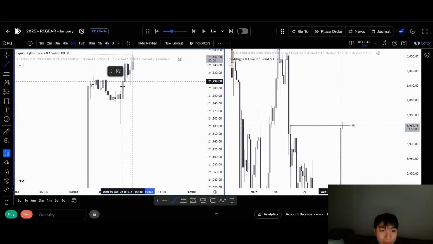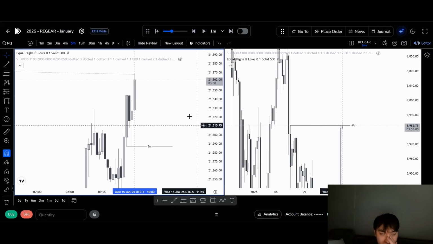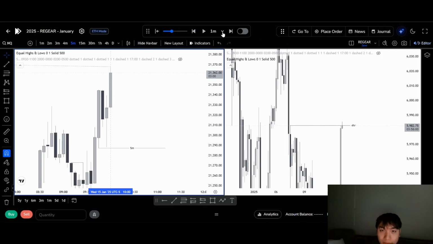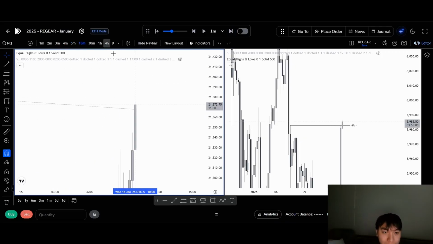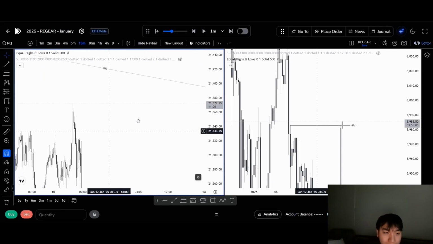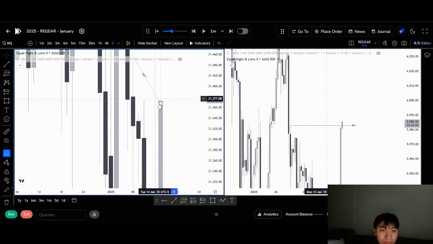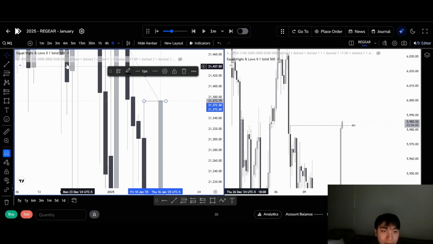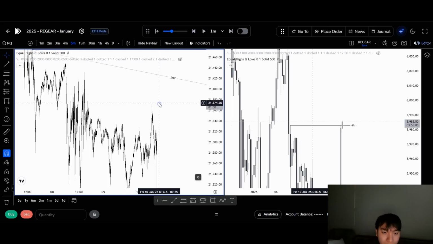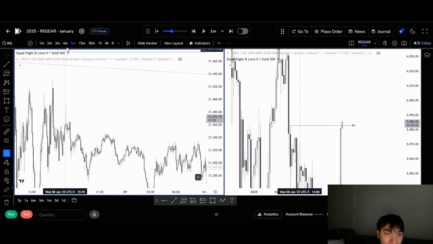Do we have a target? Well, we have this unfilled 5 down below here. We could, we very well could, but I do want to see some form of this weekly taken out. Weekly buy side liquidity was taken out.